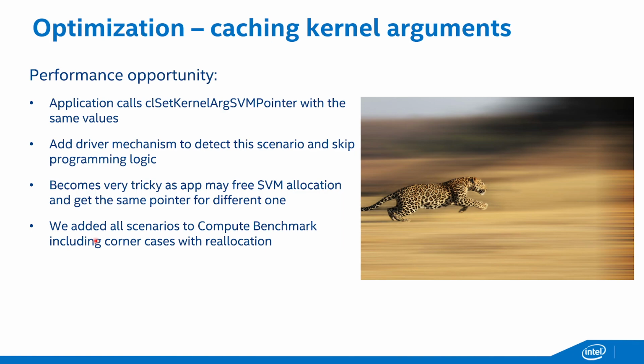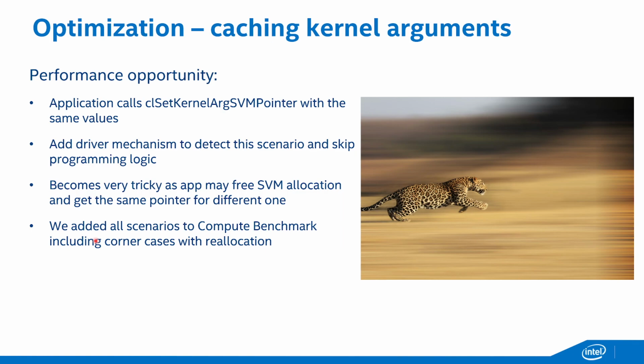And using the client's workload, it was very challenging to actually optimize this, because this was only a piece of the application, not the whole application. Obviously, setting kernel arguments is not a substantial part of the application. But in this workload, due to a high amount of those calls, it was creating a severe overhead. So we added a compute benchmark scenario for this.